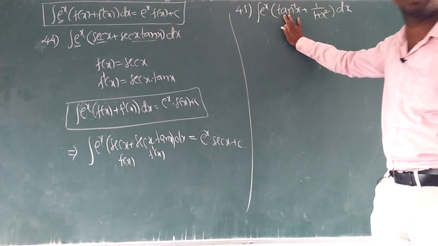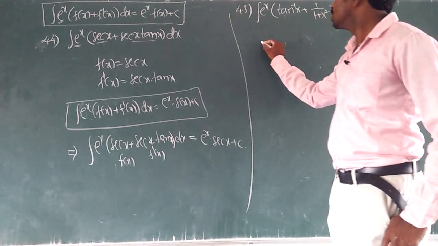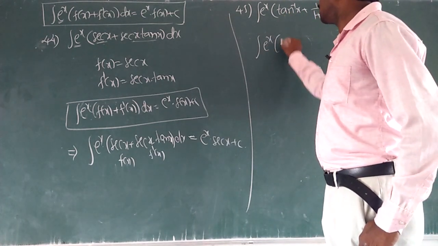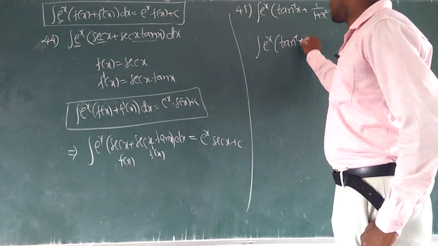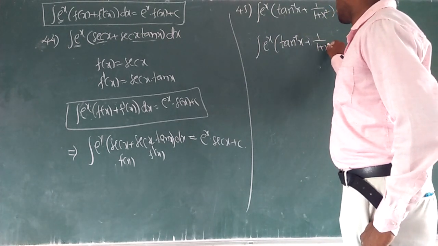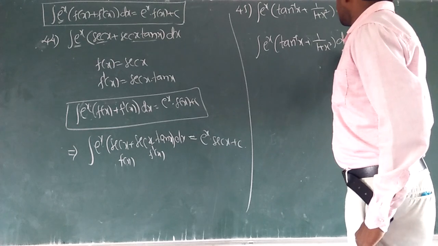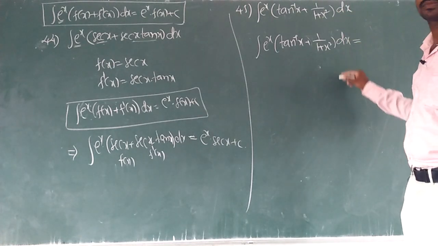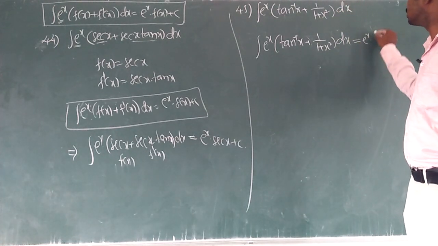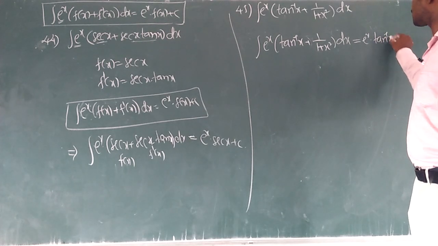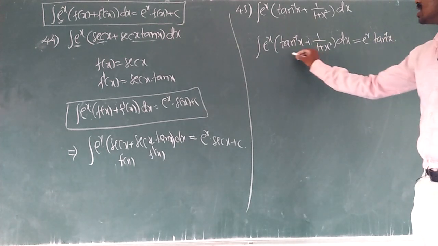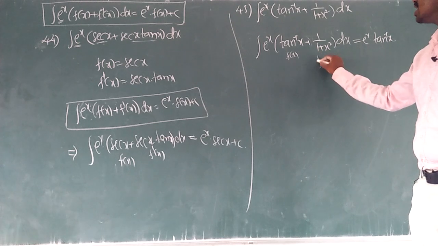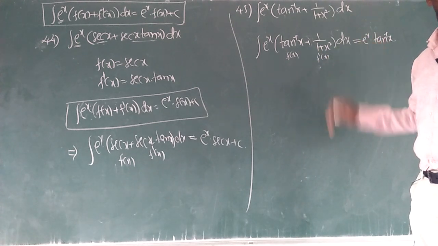So this is function f of x, this is f dash of x. So e power x into tan inverse x plus 1 by 1 plus x square dx is equal, what we can write? E power x into tan inverse x. That's it. So this is function, this is derivation. So directly we can write.